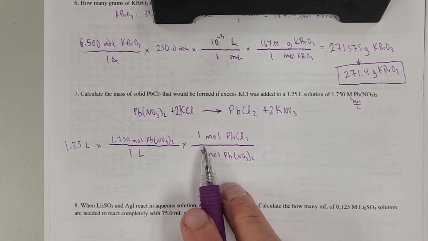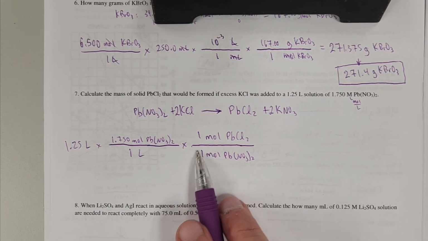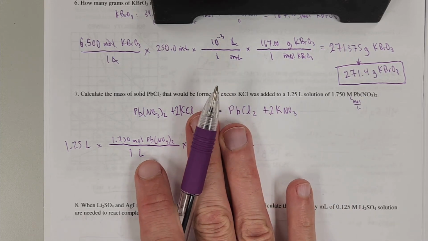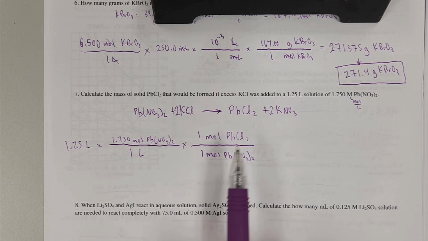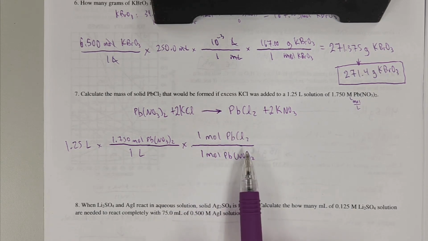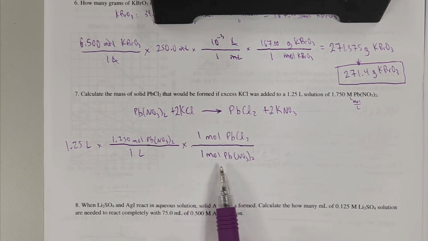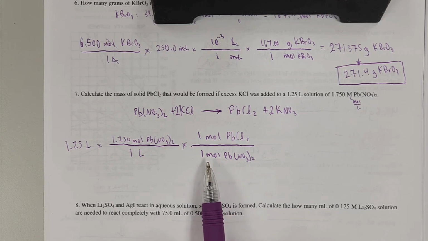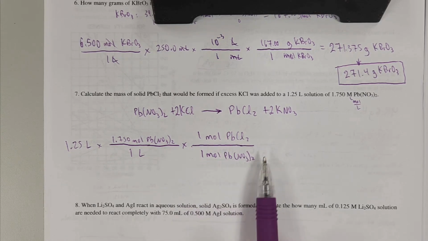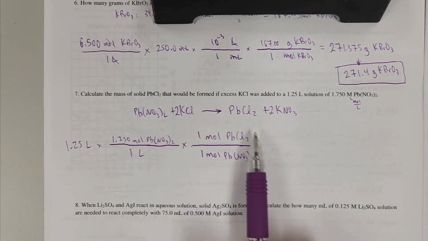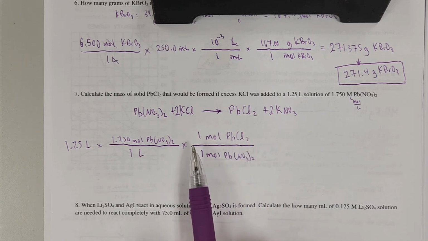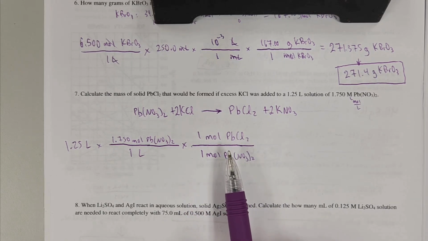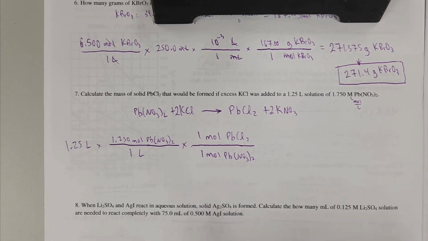Dear viewer, just note for grading of the test, because the 1-to-1 ratio, yes, it's true you could skip this and still get the right answer, but if a person has the right answer but skipped this, there will be a significant point deduction or potentially a 0 depending on exactly how things were done. So even if it doesn't make a difference, always include the mole-mole ratio, even when it doesn't change the numerical outcome.